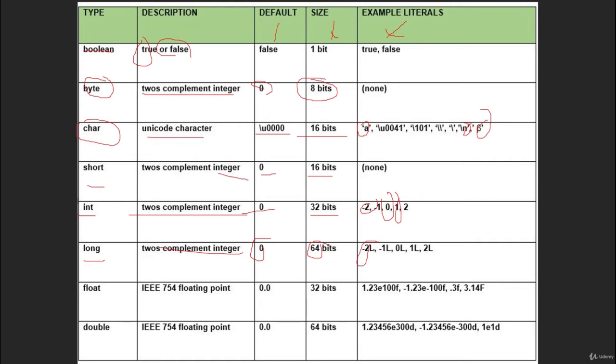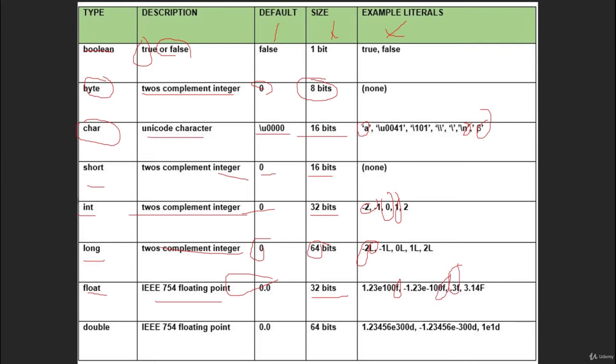So in Java we should put L next to a value which is long, and for float we need to put F after the value of the float. So floating point, the default value is 0.0, 32 bits, and an example of float is like 0.3F.